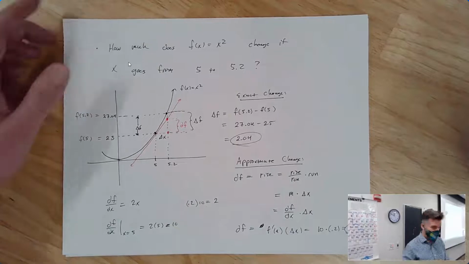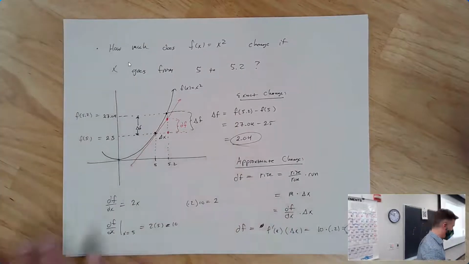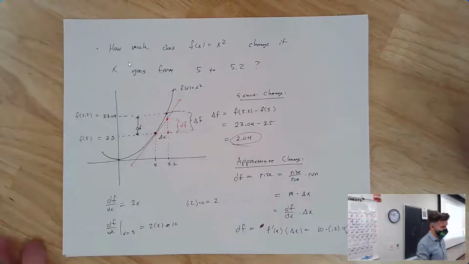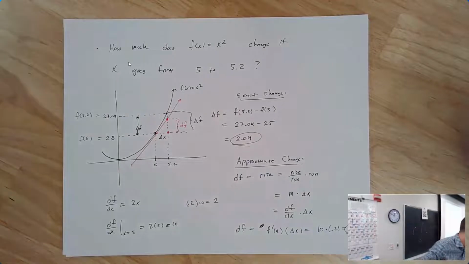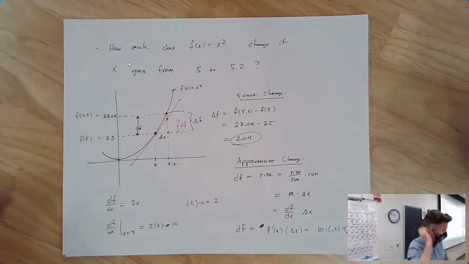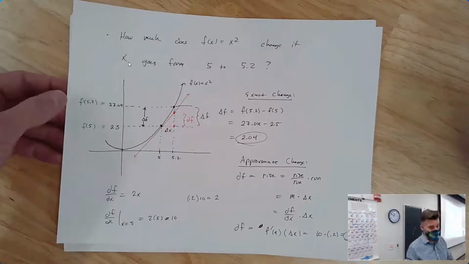Certainly for this example, it's not hard to actually calculate 5.2 squared. You can do that by hand, or with a calculator very easily. But the idea here is that this can be used to approximate things which are more of a pain to actually calculate. Let's look at some examples.